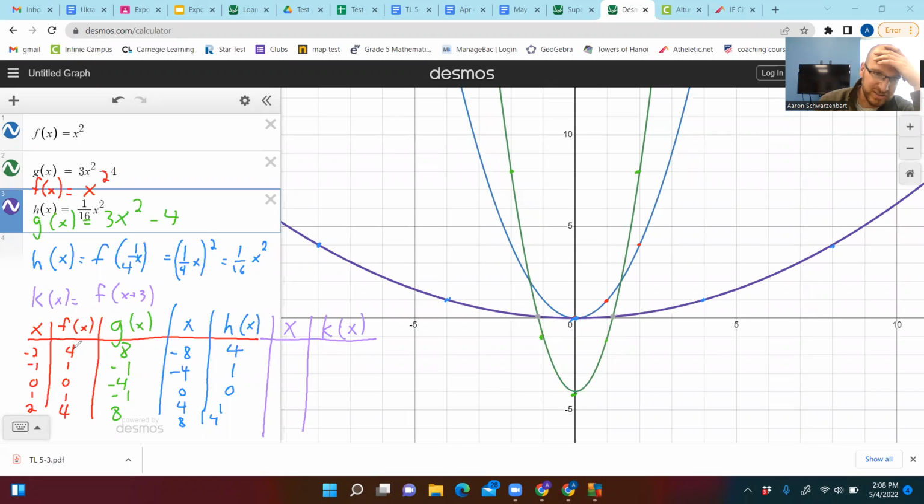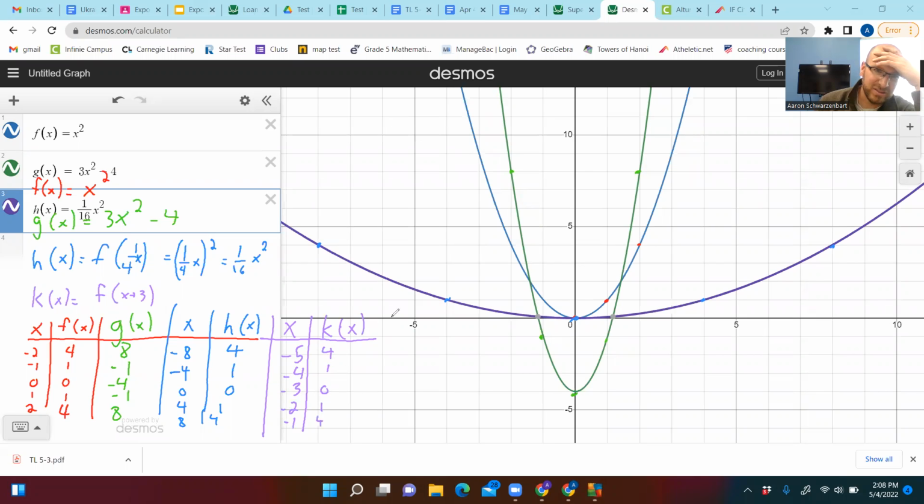So shift each x coordinate left 3. So from -2 to -5. From -1 to -4. From 0 to -3. 1 to -2, and 2 to -1. Again, the y coordinates are not changing.